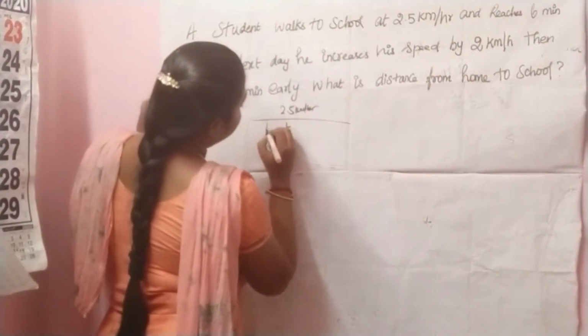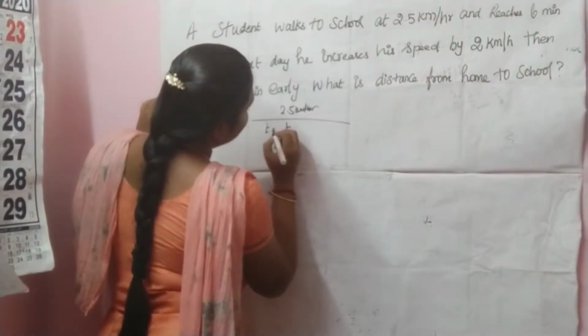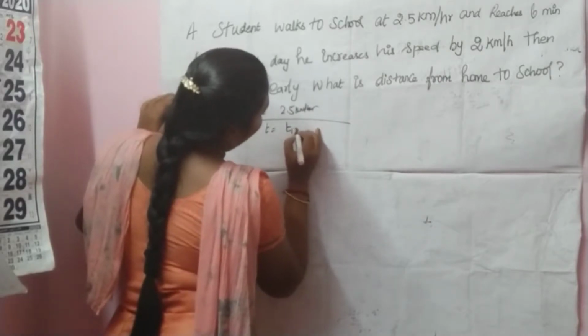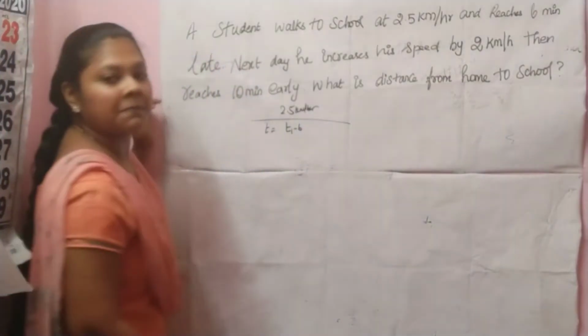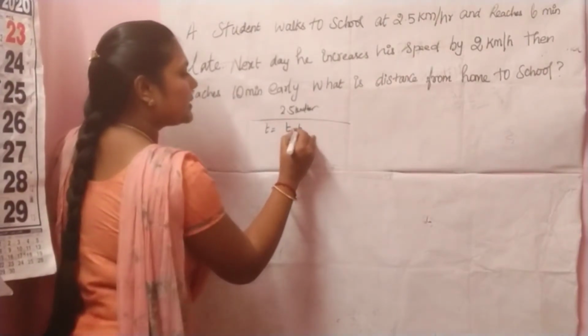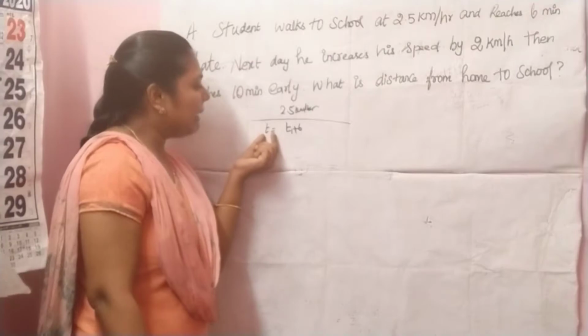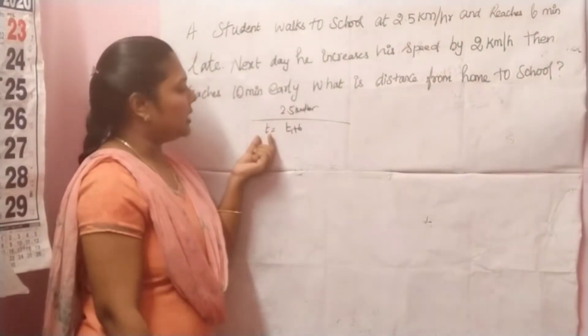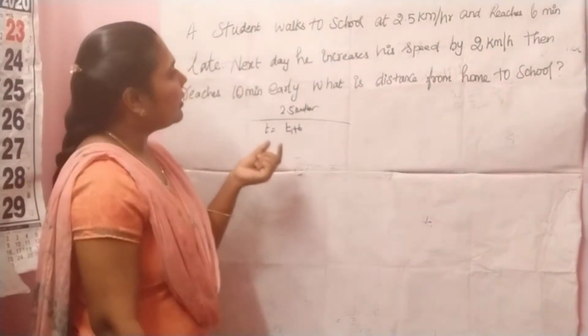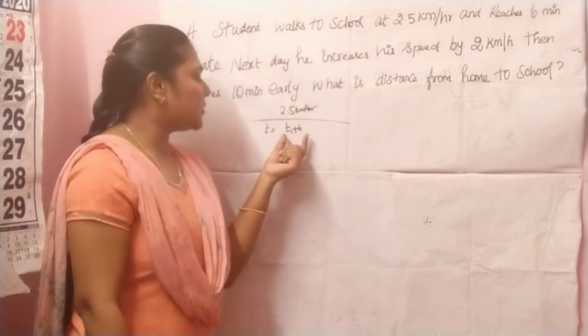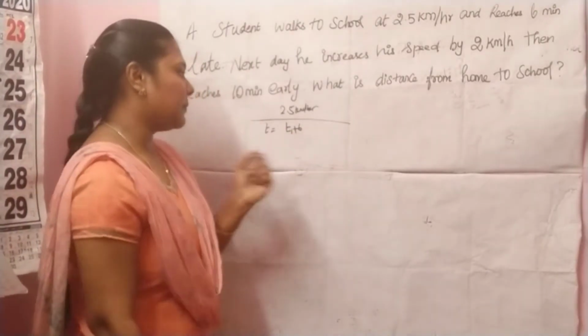Which means the time taken is T1, which is T plus 6. So if he reaches at the correct time, the time is T, therefore he is late by 6 minutes.